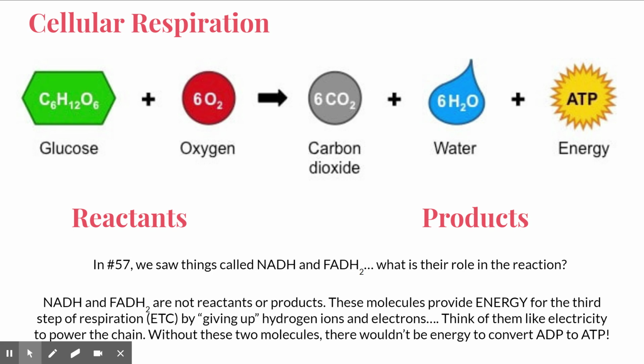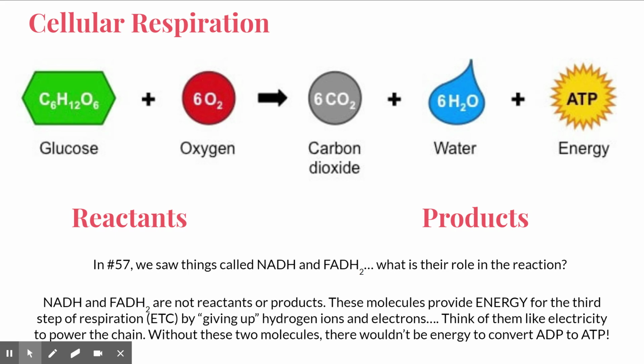NADH has 1 hydrogen, FADH2 has 2 hydrogens. During the electron transport chain, these 2 molecules give up their hydrogen ions and electrons to power the electron transport chain. So think of them kind of like electricity to power something. They power the reactions of the third step of respiration.